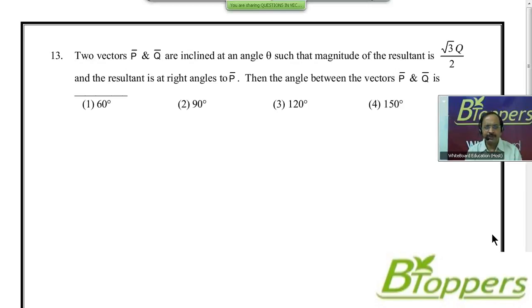The first option is 60 degrees, second option 90 degrees, third option 120 degrees, fourth option 150 degrees. Come on, try this question. In case those who need more time to try the problem, they can take a pause and try the problem. Come on, see the next question.